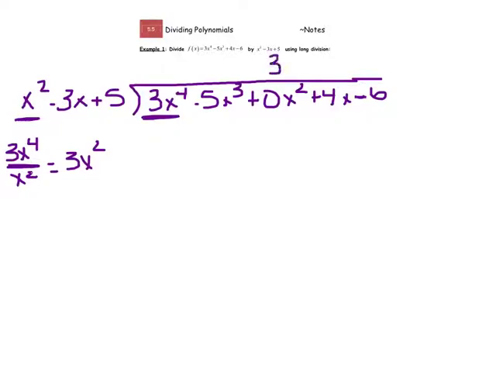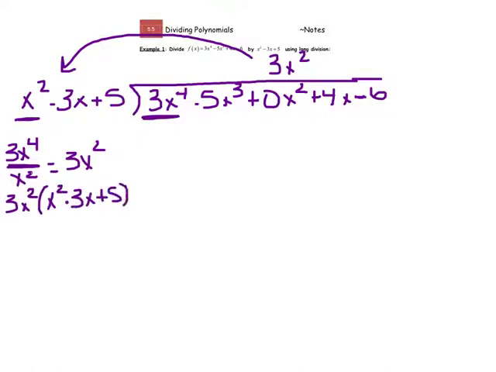That's why it was important for us to write the 0x squared term, because the 3x squared is going to go there. Now we're going to take the 3x squared and multiply it by the entire thing. So 3x squared times x squared minus 3x plus 5. 3x squared times x squared gives us 3x to the 4th.